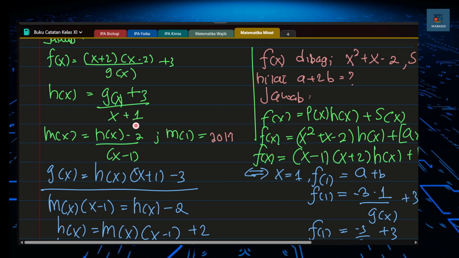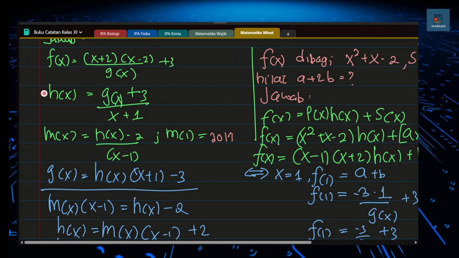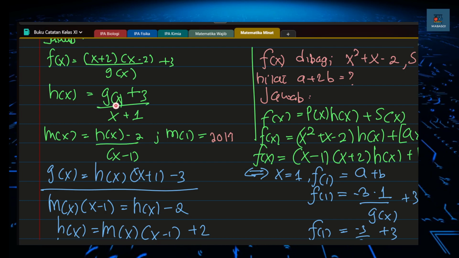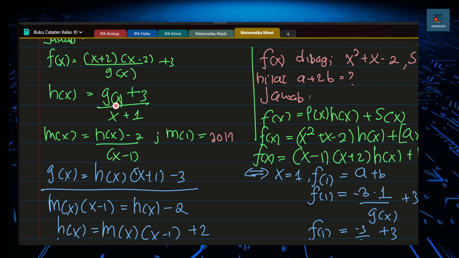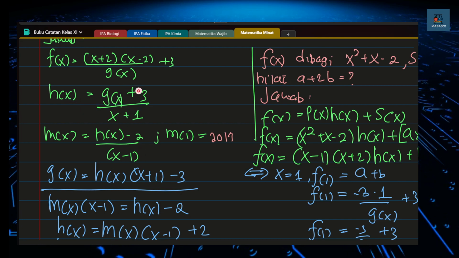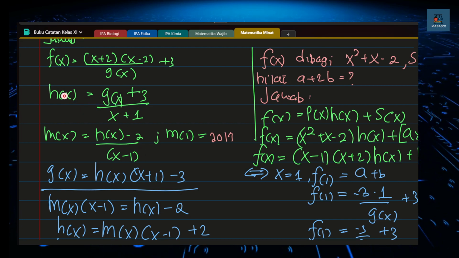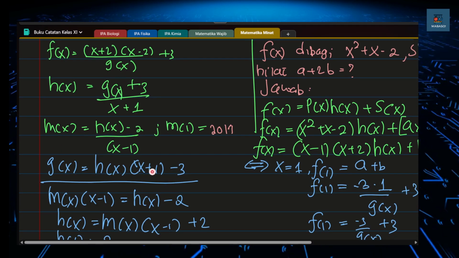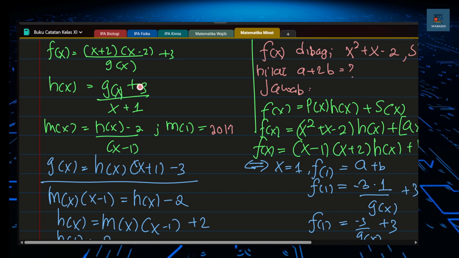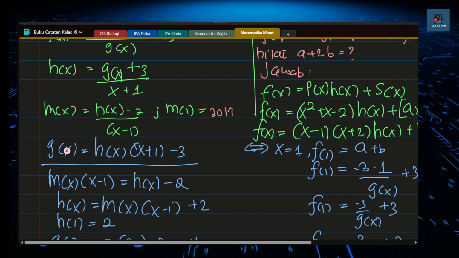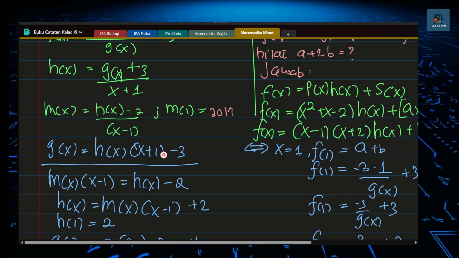But we didn't know how to get g of 1. You could certainly get the value of g of x from these equations. If we do some manipulations on the algebraic term, you would get that g of x equals h of x, x plus 1 minus 3, from these following equations.